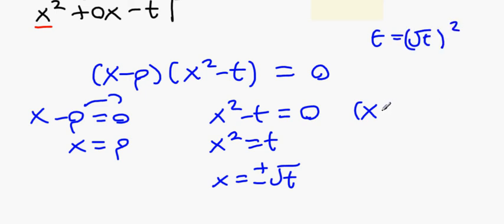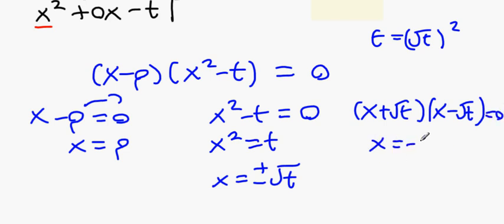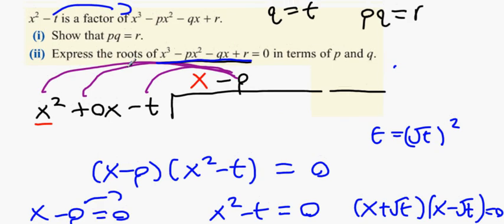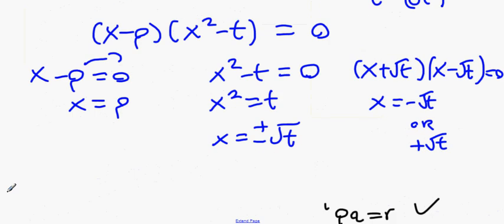So we could have got x plus root t, x minus root t. Then we'd solve that equal to 0, and you get x equals minus root t or plus root t. Now the problem is root t is not in terms of p and q, but we know that t is equal to q. Therefore the other roots are x equals minus root q and x equals plus root q. So there's your three answers there.